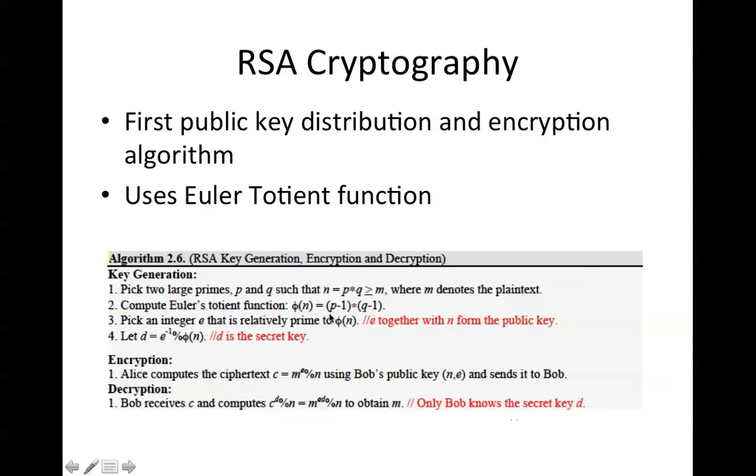If you want to go around this problem, what exactly is totient of n? It's the number of numbers that are relatively prime to n, and n being such a large number, that will take forever to figure out.